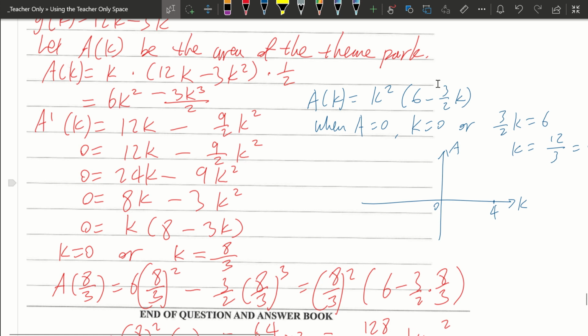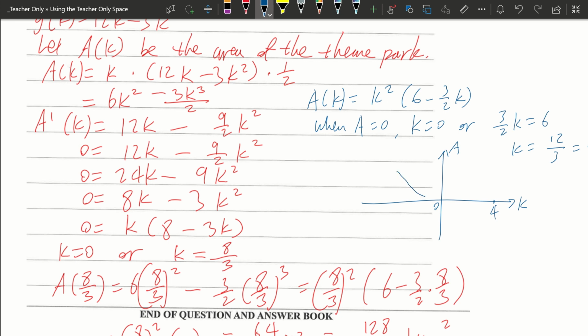I'm looking at this. Sorry, k squared. It's going to be like this. The more positive the k value gets, the more negative the area gets. Yeah. And then, of course, I have my endpoint.